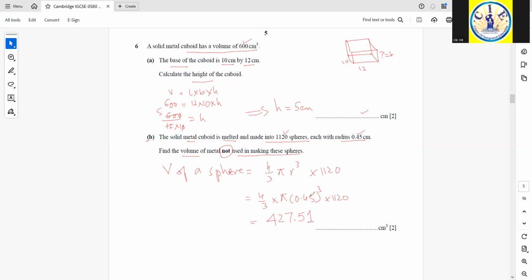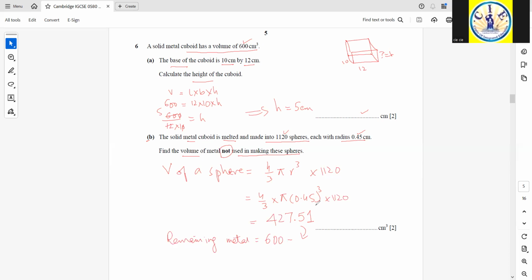and the volume of the solid metal that has not been used, or the remaining metal, that is 600 minus this value.